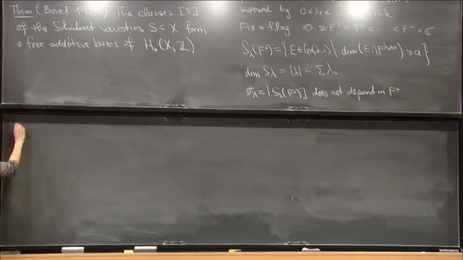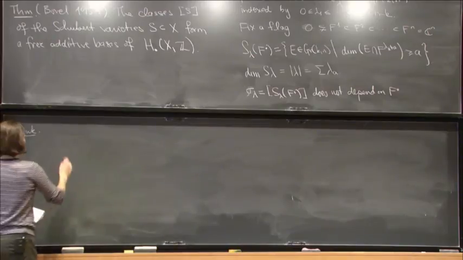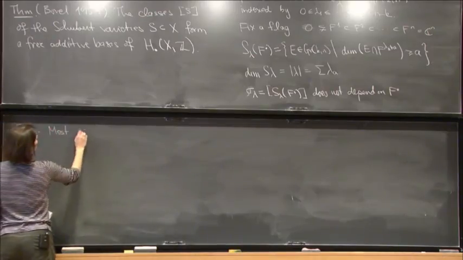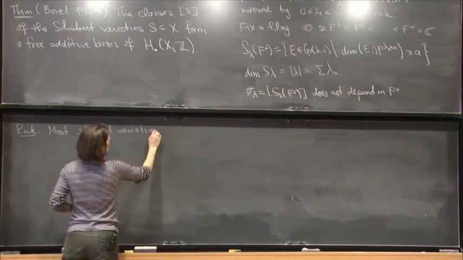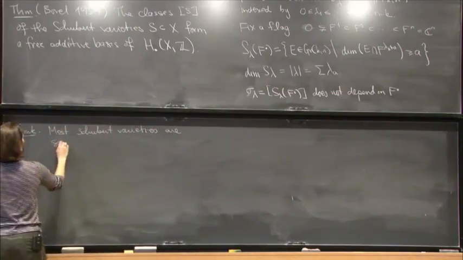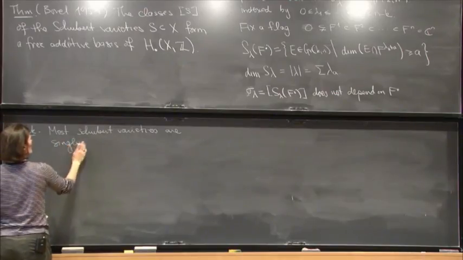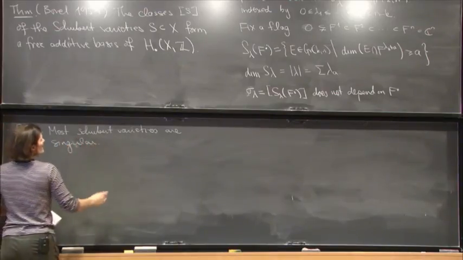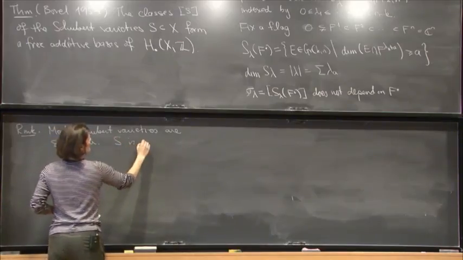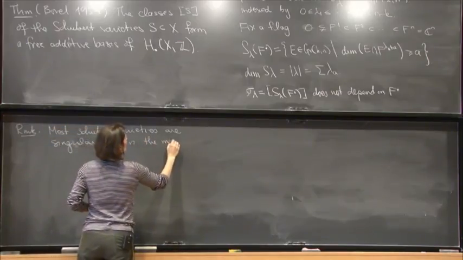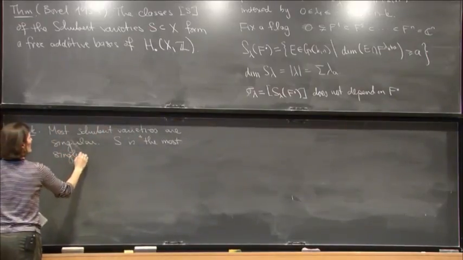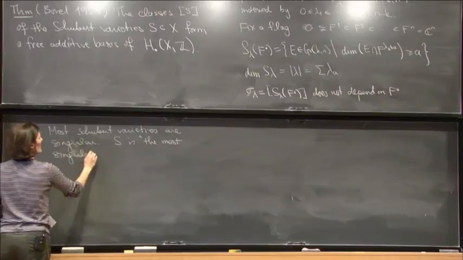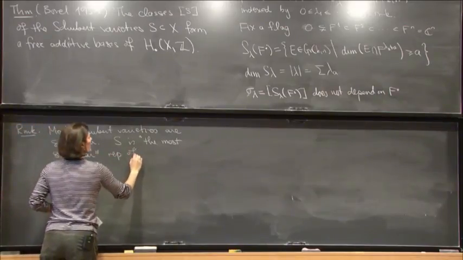Okay, now, remember we discussed that hyperplane section, which is singular. Most Schubert varieties are singular, and in fact, S is, in some reasonable sense, the most singular algebraic representative of its homology class.